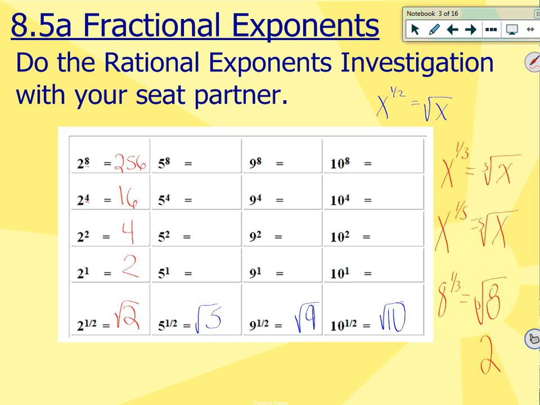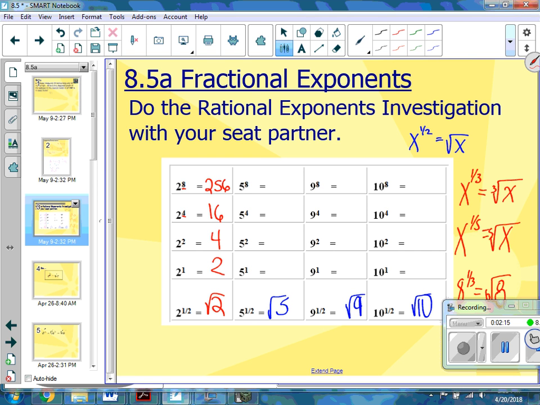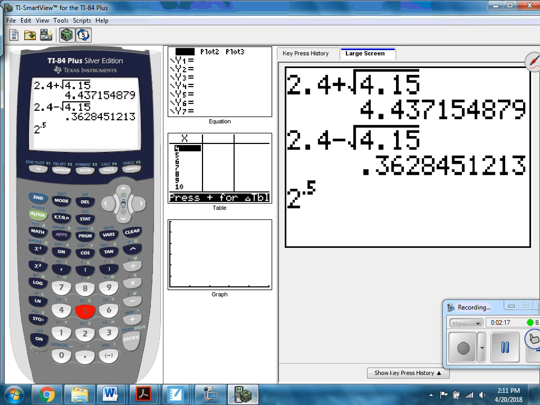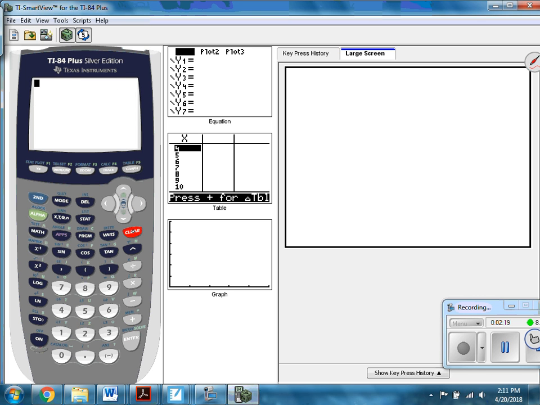And if you're doing that on your calculator, this is how you will need to type it in if you have an old operating system. 8 caret, and if the caret actually shows up on your calculator screen, you have to put parentheses 1/3. I don't have to do that because I don't have the caret.